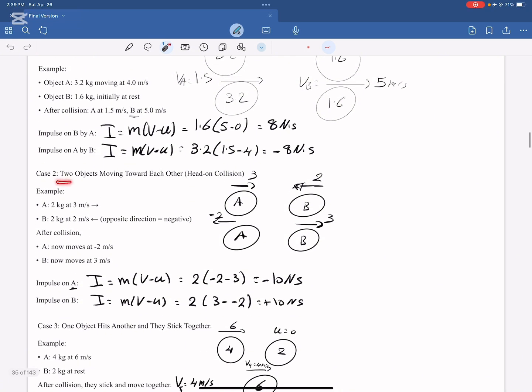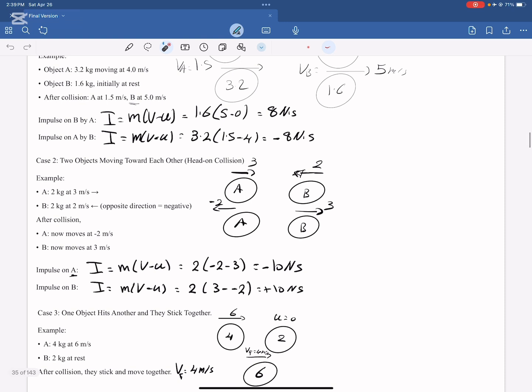Okay, now in this case, you've got two objects moving with a head-on collision. You've got A with a speed of 3 and B with a speed of 2. They both have the same mass. So again, you apply the change in momentum for the impulse. The mass was 2. And now the velocity of B was coming to the left, so it takes a negative sign.